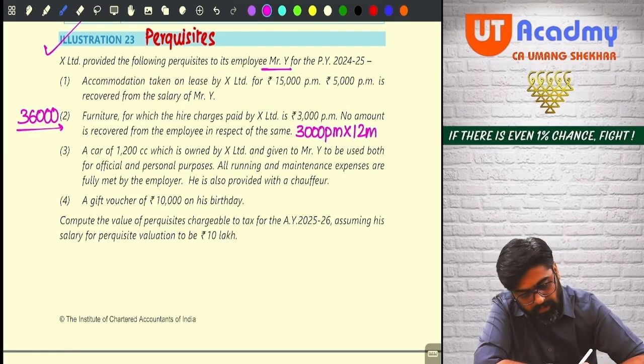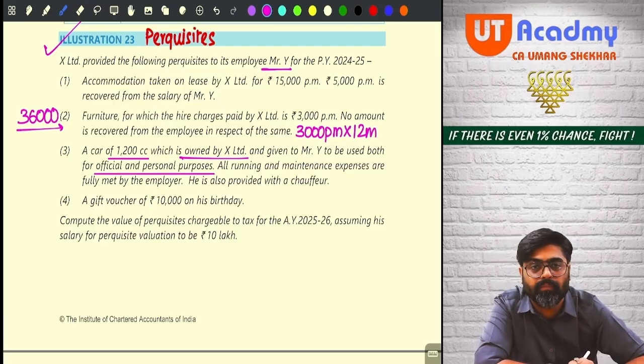Done. Next one. A car of 1200 cc which is owned by company, owned by employer, given to employee to be used both for official and personal purpose. Can I say partly official, partly personal?